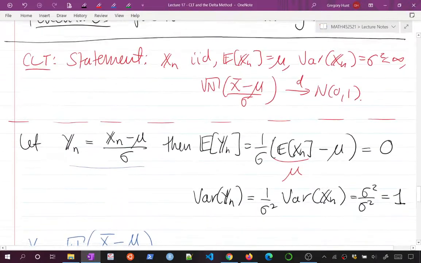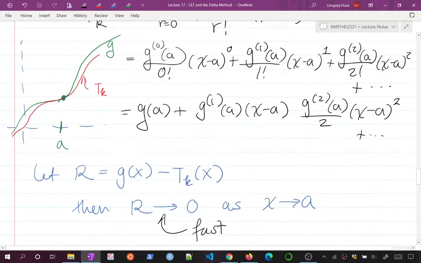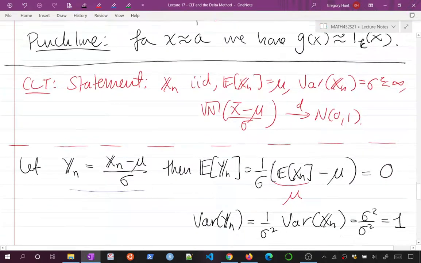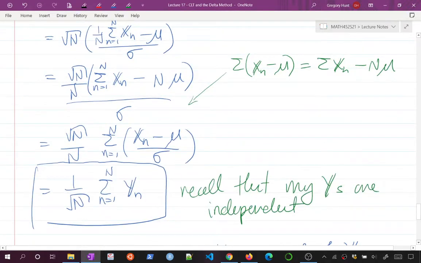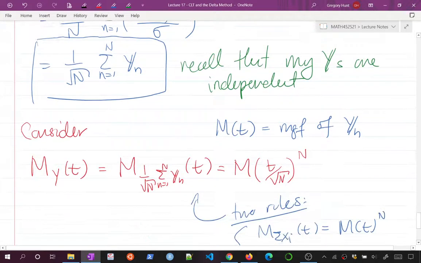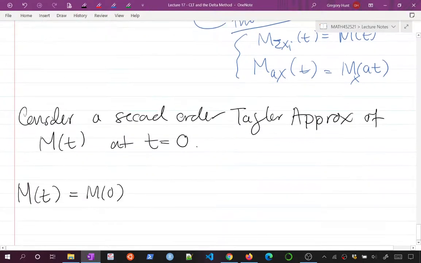Right, if we go back up to our Taylor approximation, it's like the function at a, plus the first derivative times x minus a, plus the second derivative over 2 times x minus a squared, right? So, okay.